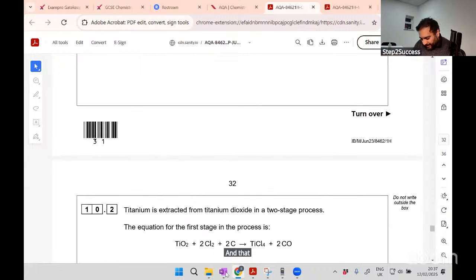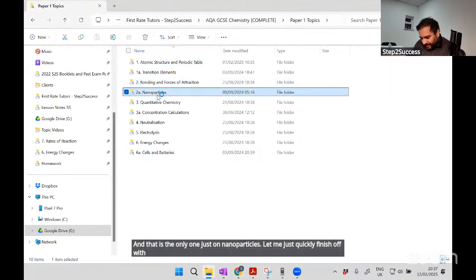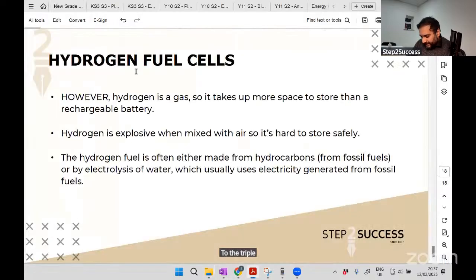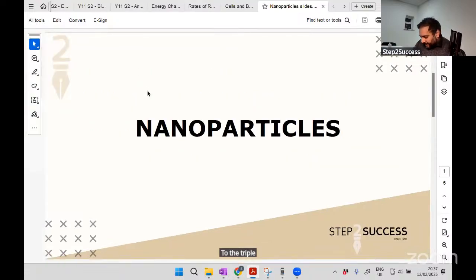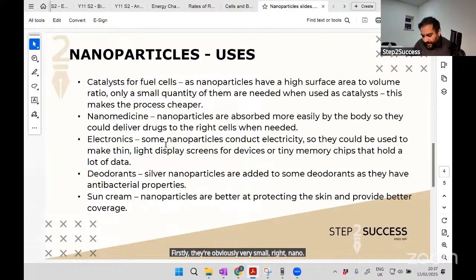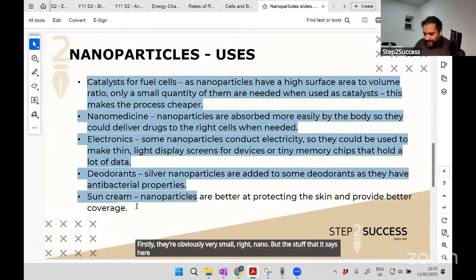Just on nanoparticles, let me just quickly finish off with this because it is very specific to the triple stuff. The main things to know about nano, it's a very small thing here. Firstly, they're obviously very small, right? But the stuff that it says here is pretty much all you need. Well, I say all, it's quite a lot, but this is what you need to know about nanoparticles.